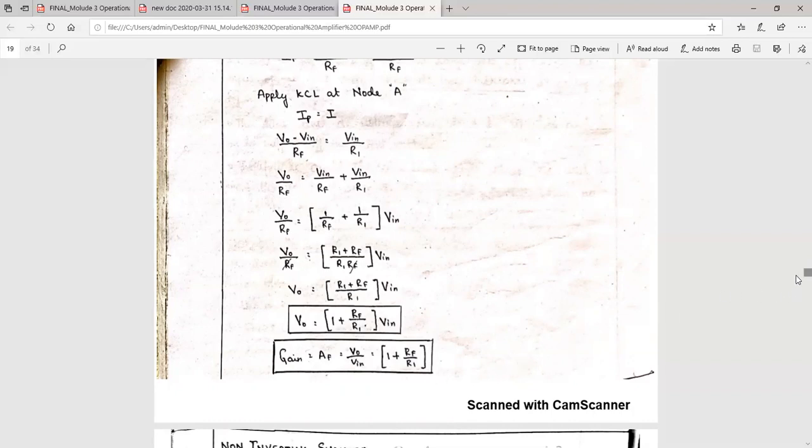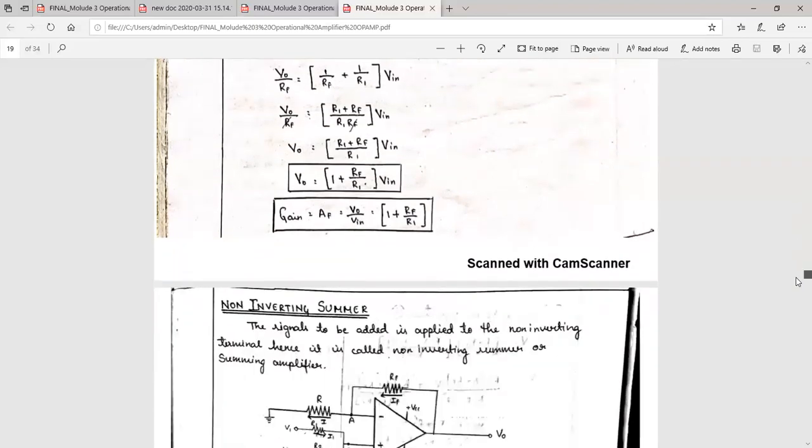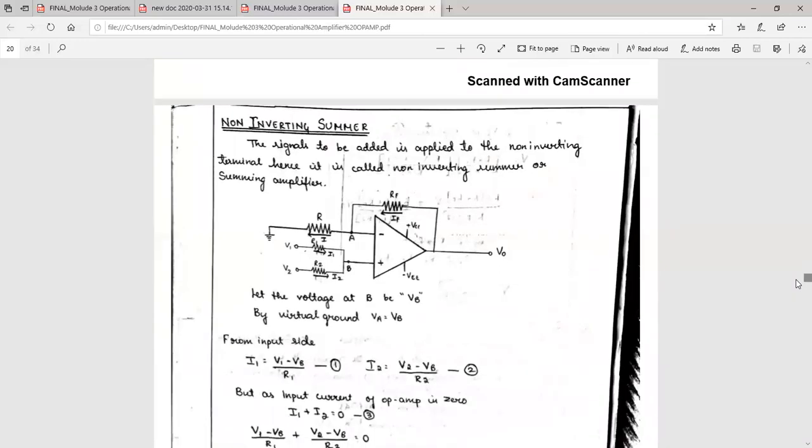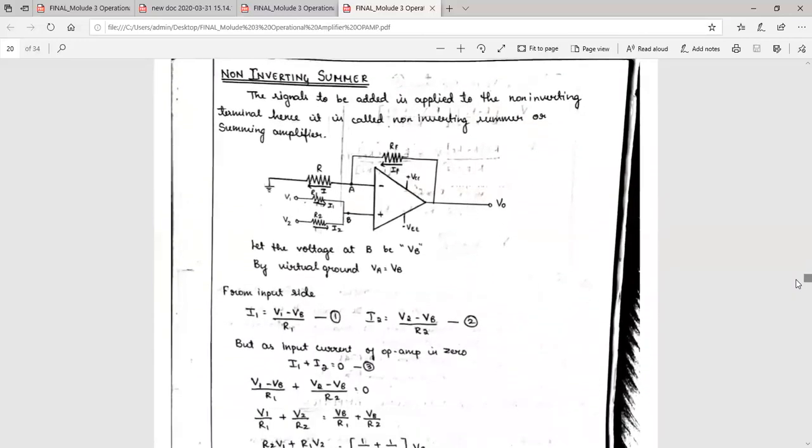Now further going ahead, similar to the inverting summer, we can also have a non-inverting summer where the two inputs which I want to add will be given to the non-inverting terminal, and the output will straight away be the sum of both V1 and V2.